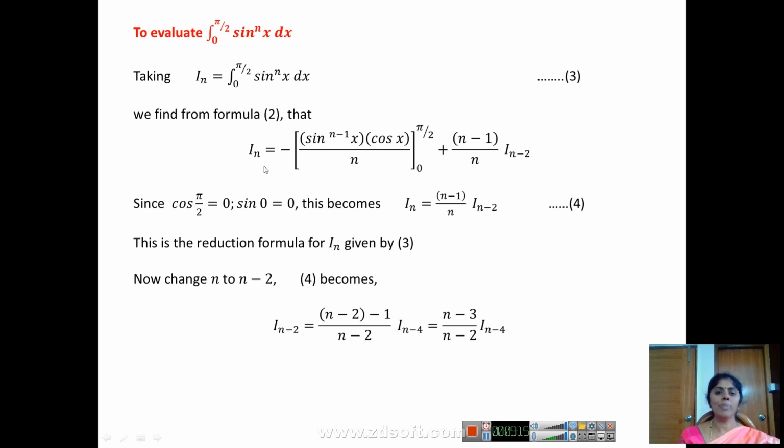Same thing we can rewrite using formula 2: In equals minus sine to the power n minus 1 of x into cos x whole divided by n. The limit moves from 0 to pi by 2.